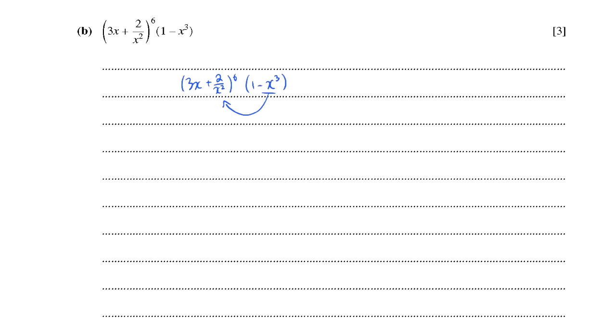Well, what we're interested in now is, does the (3x + 2/x²)⁶ produce a term with x to the negative 3, or 1 over x cubed? Because if it does, then x cubed multiplied by that term is going to cancel the x's out, and we will just have a term independent of x. That's what we're looking for.